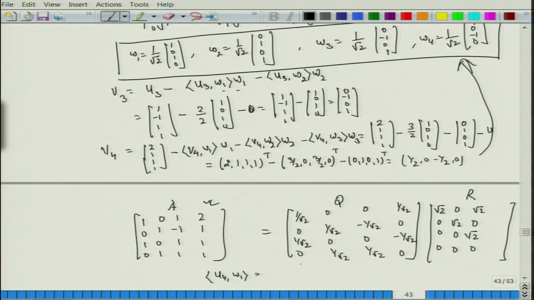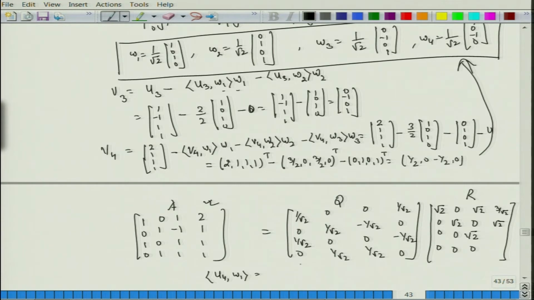So this into this should be 3 upon root 2, 2 plus 1. I think I have written it wrongly there, so it should be 3 upon root 2 here. This with this one will give me 2, 1, 0 upon root 2, so it will give me root 2.